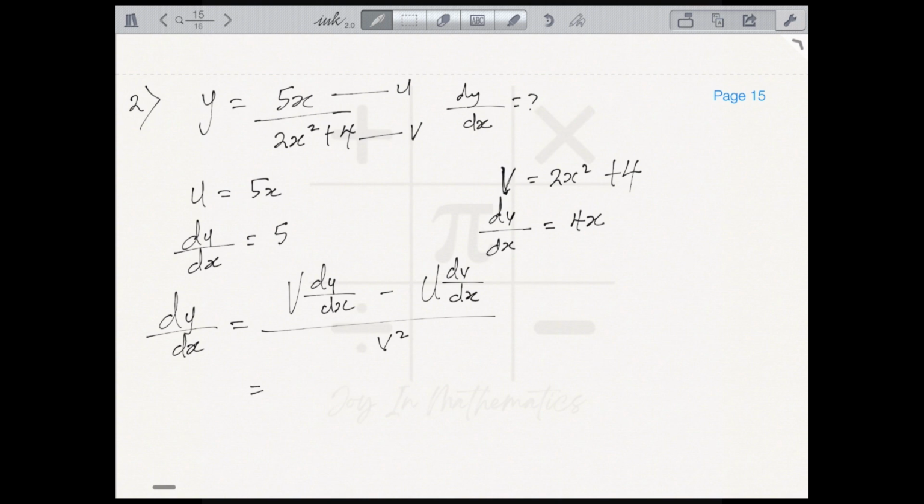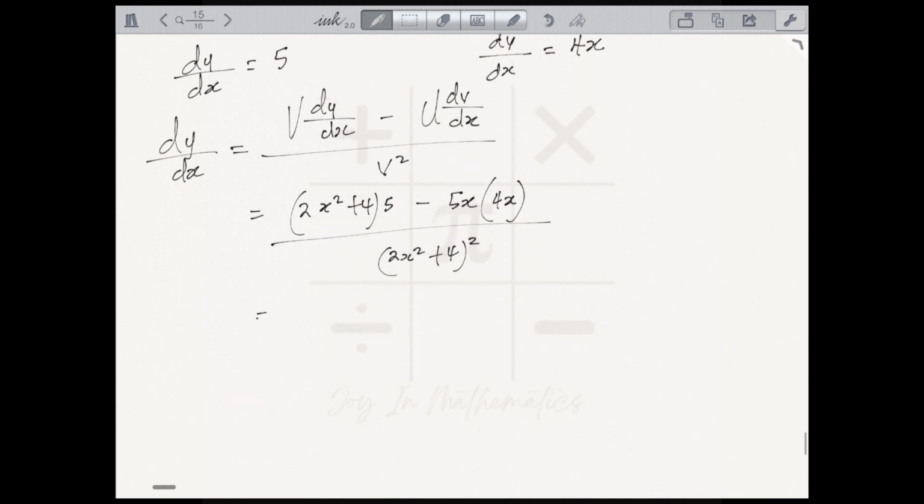And our v is 2x squared plus 4. Our du/dx is 5, minus u, which is 5x, and our dv/dx, which is 4x, divided by our v squared, that's 2x squared plus 4, all squared.